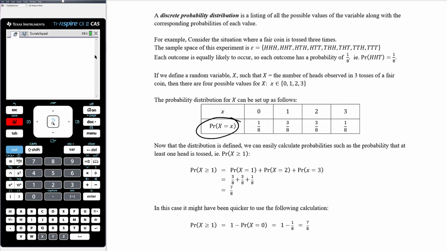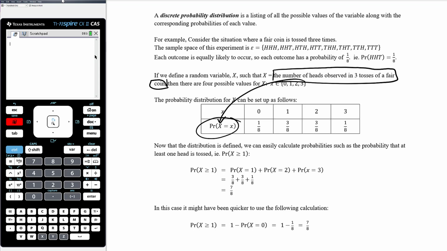In terms of the notation we can use here, there are 2 alternative notations we can use in this spot. This is fairly common. We write the probability that uppercase X, remember uppercase X being the number of heads observed in 3 tosses of a fair coin, is equal to lowercase x, which is the specific values.